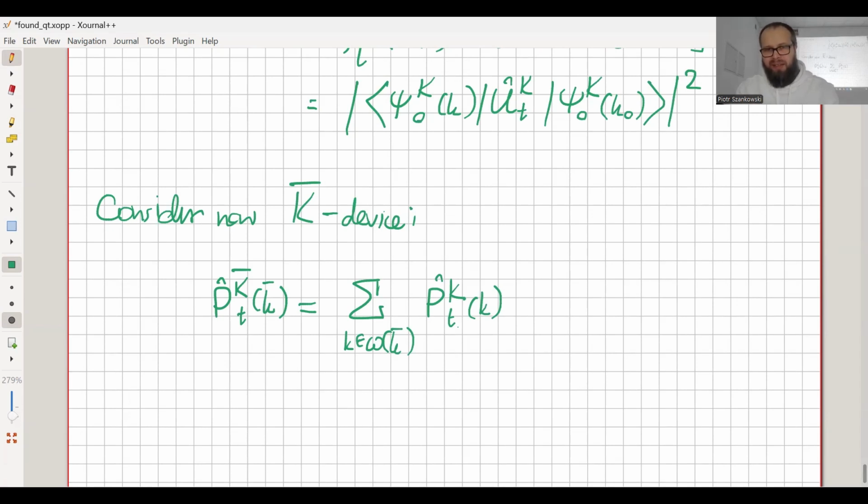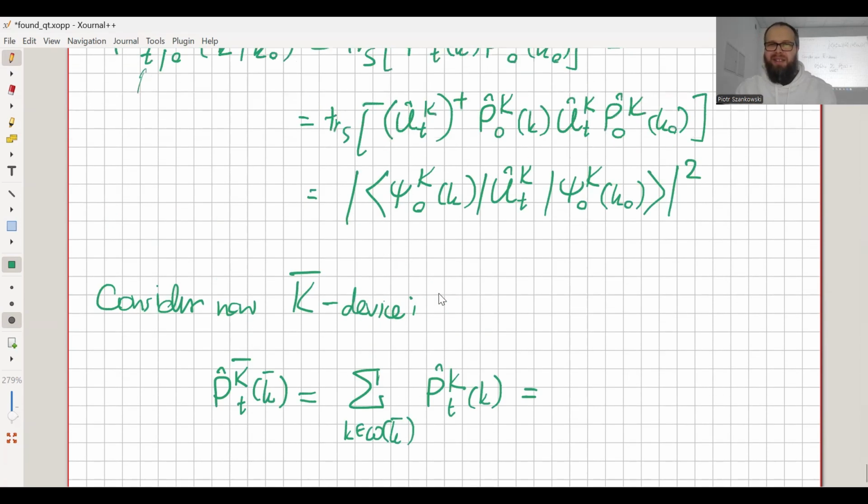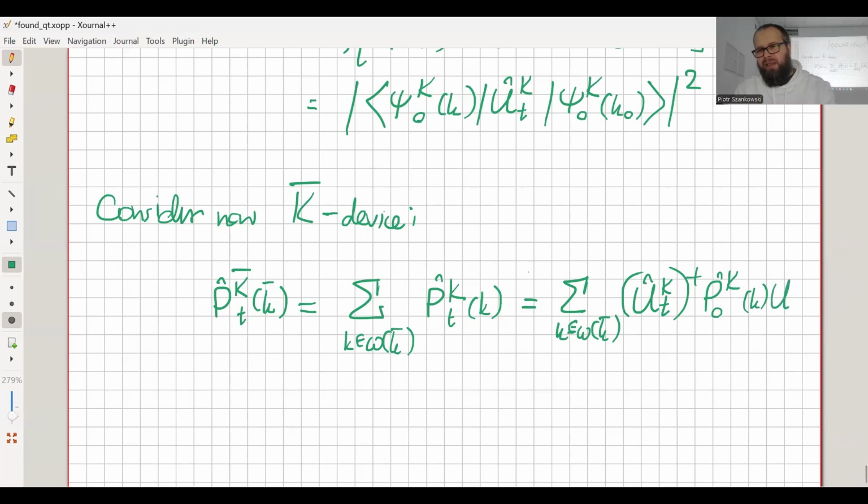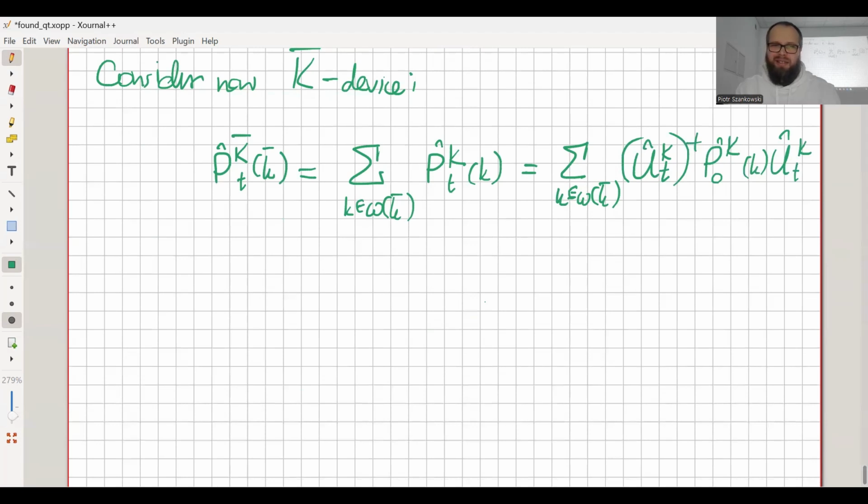But for those, we have our unitary evolution operators, Omega k prime, t, k, dagger, P0, k, k, U, t, k, all right? And those are operators, so you can stick them outside the sum.